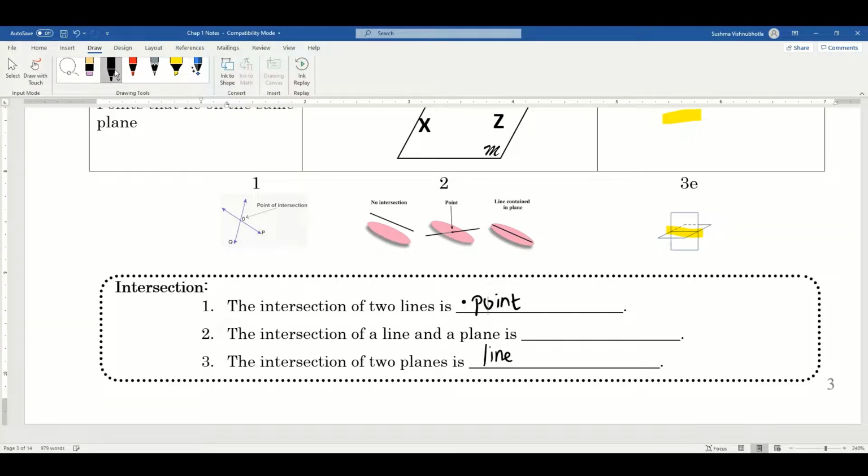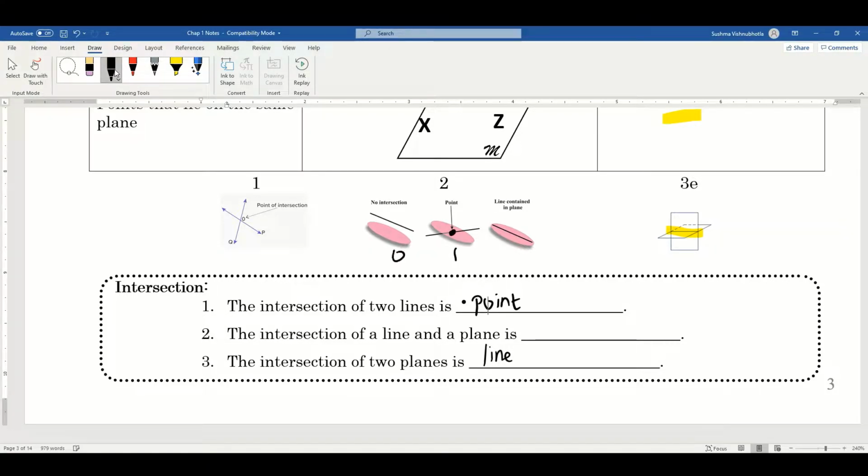Now, the intersection of a line and a plane, so that's the middle diagram here, there's 3 cases. So the pink here is the plane, and this is the line. Now, they can have 0 points of intersection. If a line is going perpendicular to the plane, it can cross in such a way that it only crosses at 1 point, right?